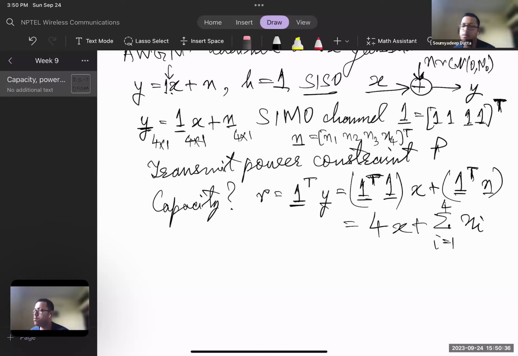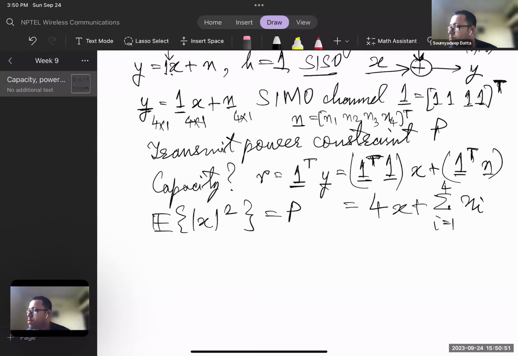Now your signal power, and you're told that the transmit power constraint is equal to P. This is your symbol power. So what is your capacity? First see what the SNR is. SNR is signal power squared, so it will be 4 squared times P, divided by the noise power.